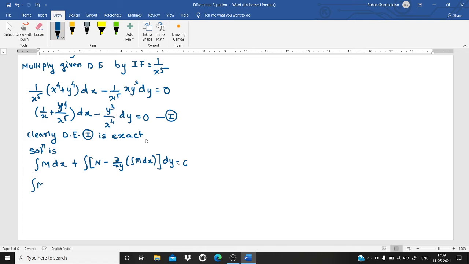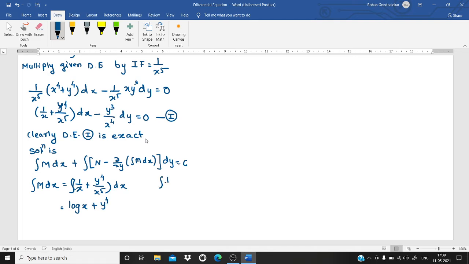So what is integral M dx? Integral M dx is the integral of 1 upon x plus y raised to 4 upon x raised to 5 dx. So what is the integral? The integral of 1 upon x is log x. And what is the integral of this particular term? The y raised to 4 as it is.